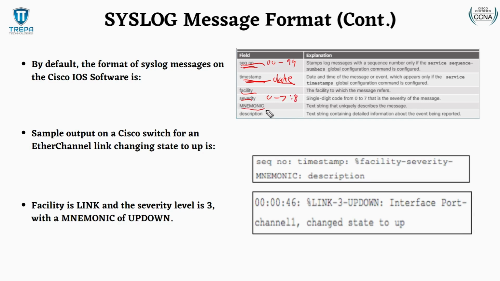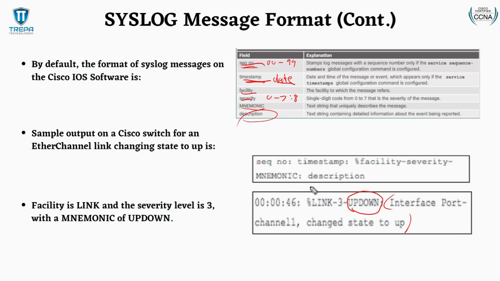This is going to be a text string that describes the message, what's going on. So here you can see the mnemonic is up, down, saying that an interface port channel changed to up. That's its state, it changed to up, okay? And then a description, which is going to be the rest of that text. And this is actually telling you, hey, this interface port channel 1 changed state to up.